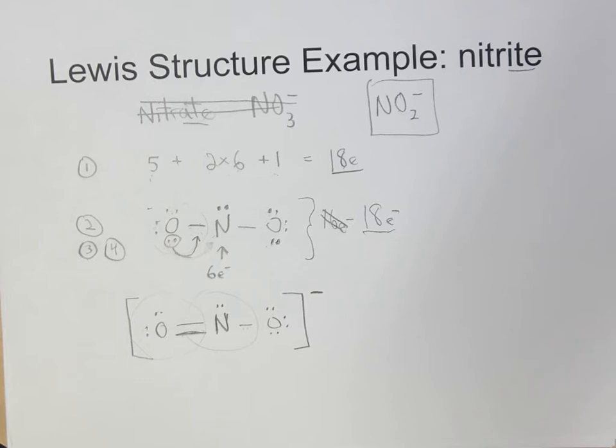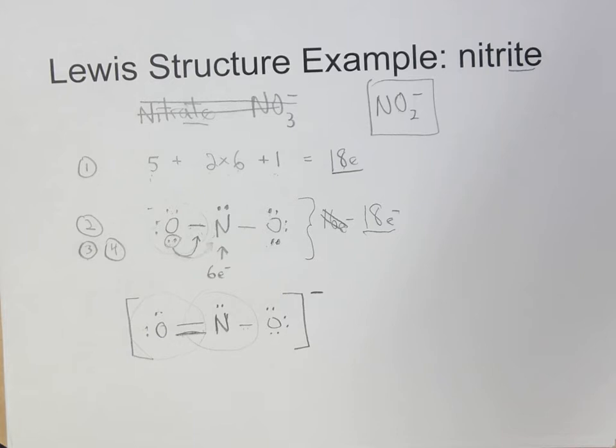Now, back in the old days when somebody produced this dot structure for nitrite, a crystallographer or somebody with some experience in determining the structure of molecules would look at this and say, this is wrong.